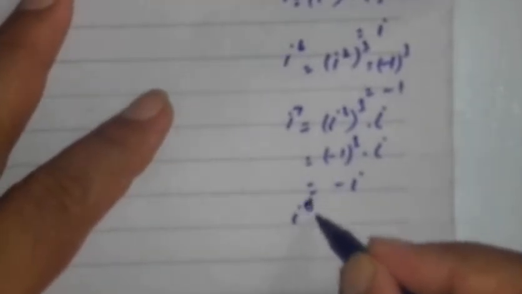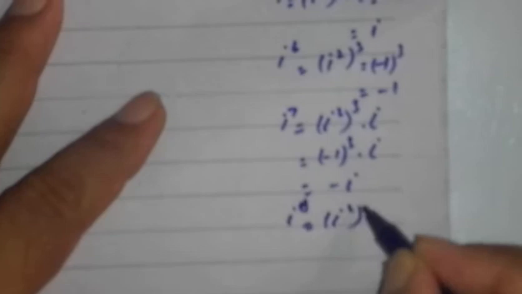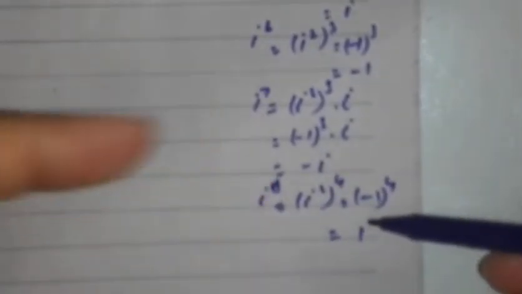Similarly, iota power 8 value will be 1. Iota power 8 can be written as iota square whole power 4, minus 1 whole power 4, which is 1. So iota power 4 value is 1 and iota power 8 value is 1.